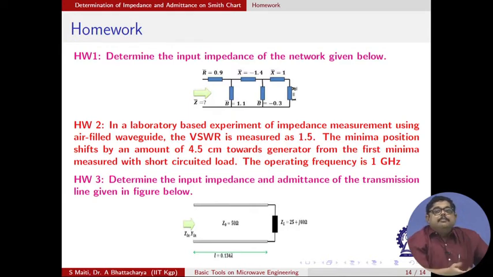The only thing is that you then need to convert that impedance to admittance and give us the answer. So, the assignment will be similar to what we have done. I think you will be able to do it.